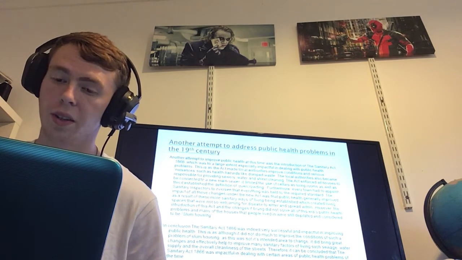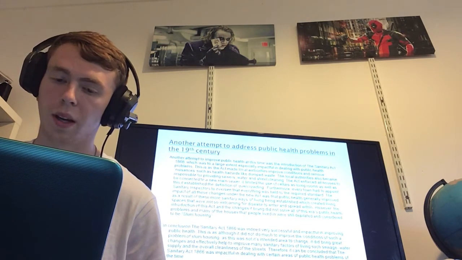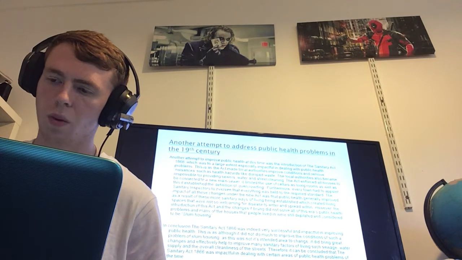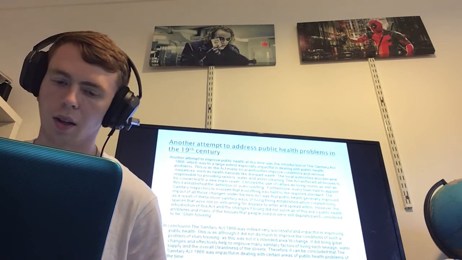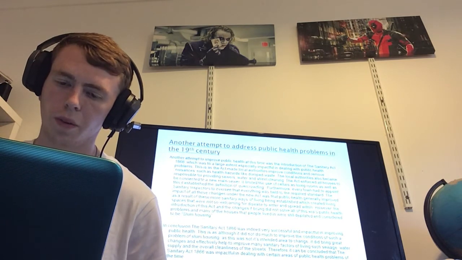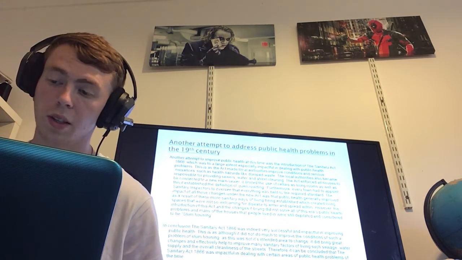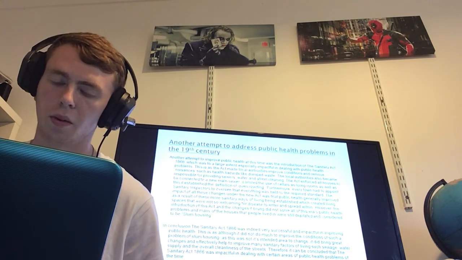However, the introduction of this Act and the changes it brought did not solve all of this era's public health problems, and many of the houses that people lived in were still dilapidated and considered to be slum housing. In conclusion, the Sanitary Act 1866 was indeed very successful and impactful in improving public health.